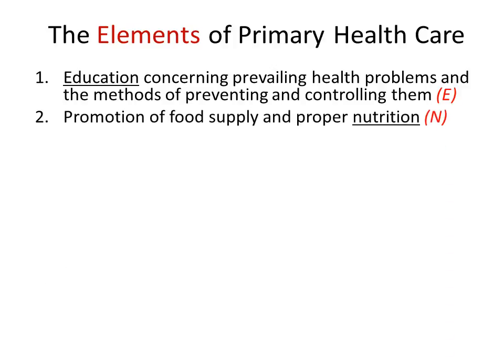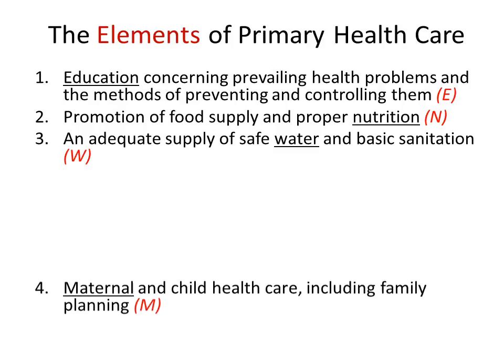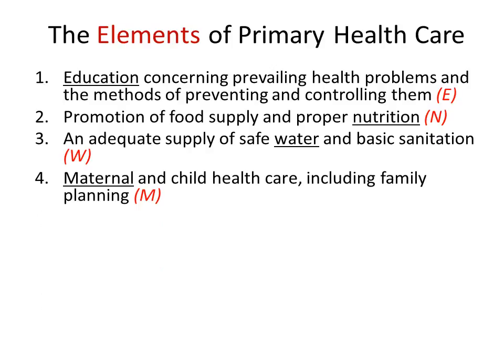Second, promotion of food supply and proper nutrition, that is, availability of enough healthy food. Third, adequate supply of safe water. Water should be safe and adequate in amount, and basic sanitation. Fourth, maternal and child health care, including family planning.